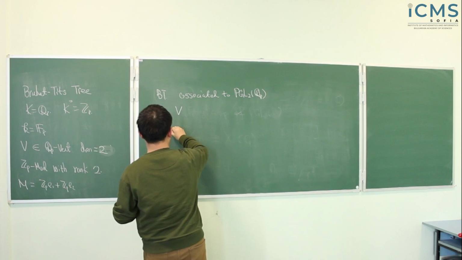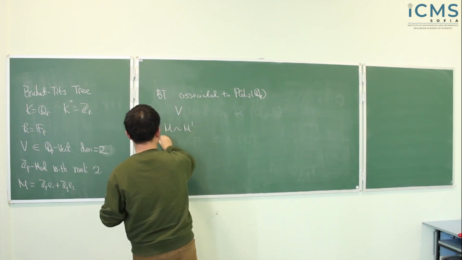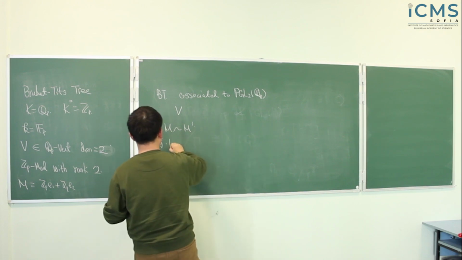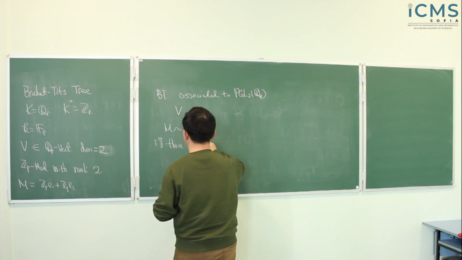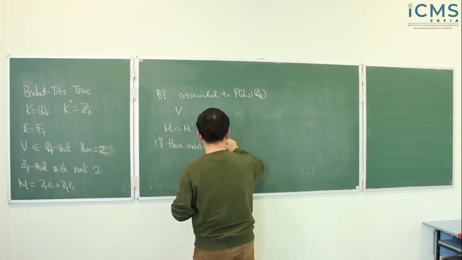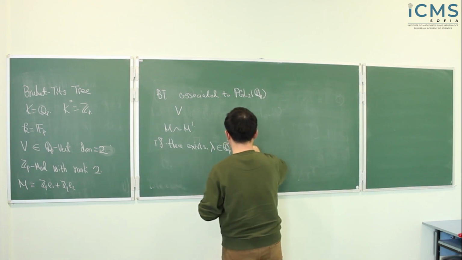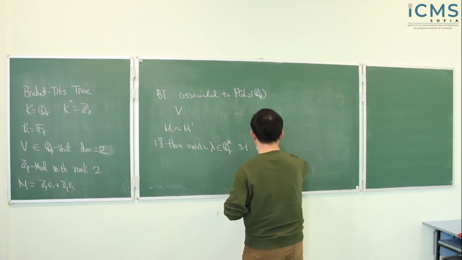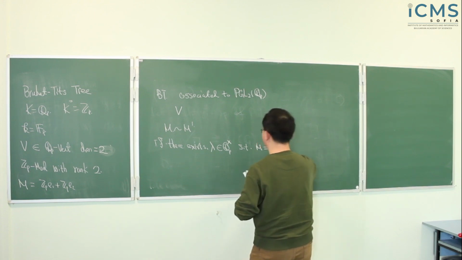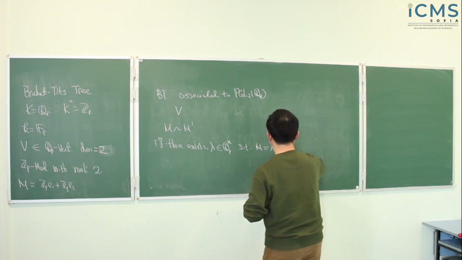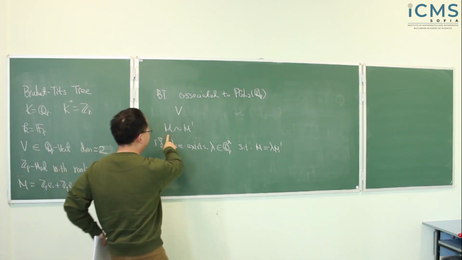If we have two lattices M and M prime, if there exists a lambda belonging to Q_p cross such that M is equal to lambda M prime, we call this M is equivalent to M prime.